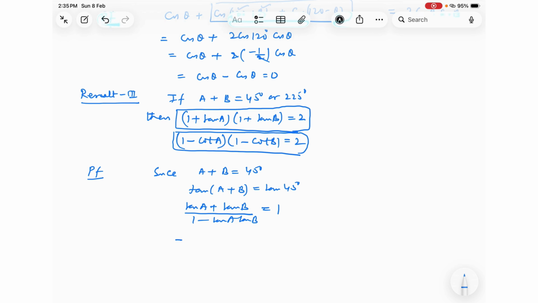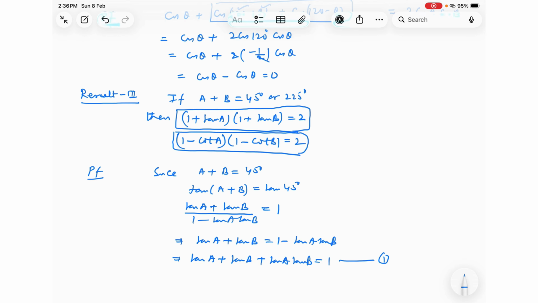So therefore if you cross multiply, we get tan A plus tan B equal to 1 minus tan A tan B. So from here we get one result which says that tan A plus tan B plus tan A tan B is always equal to 1. Let us mark this result as 1.